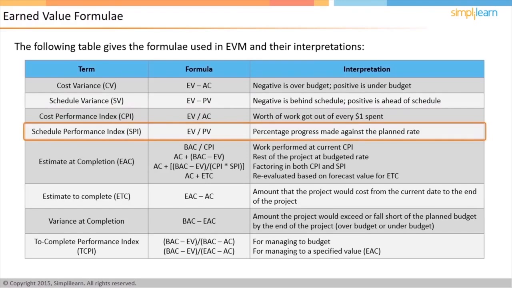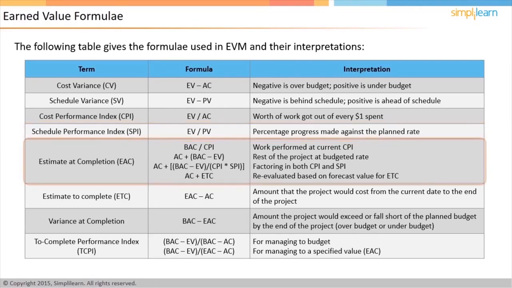For example, a CPI of 0.8 implies that 80 cents of work is obtained for every dollar spent in the project. Similarly, if SPI is 0.9, it implies that the project is progressing at only 90% of the speed originally planned. The next parameter is Estimate at Completion, or EAC.